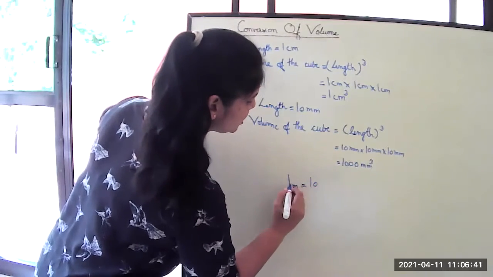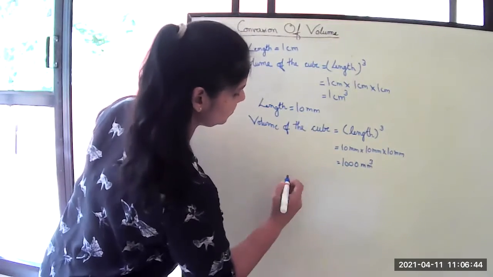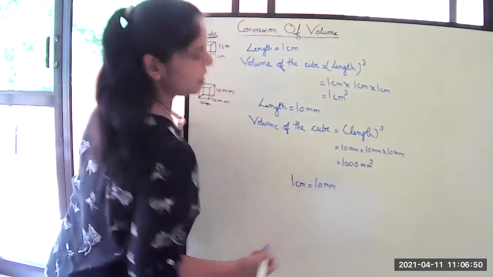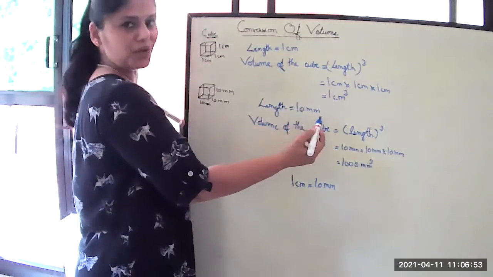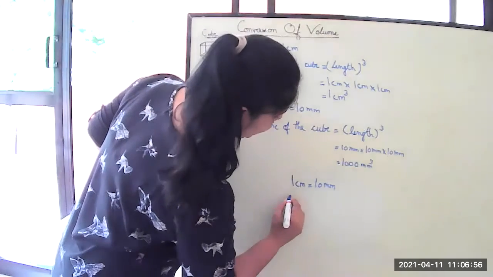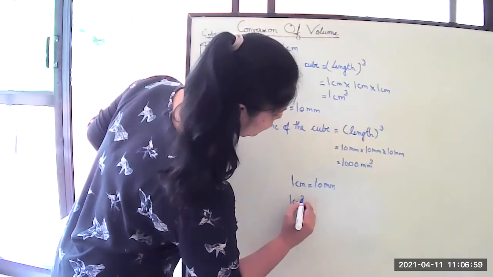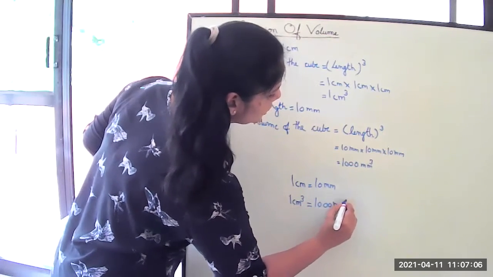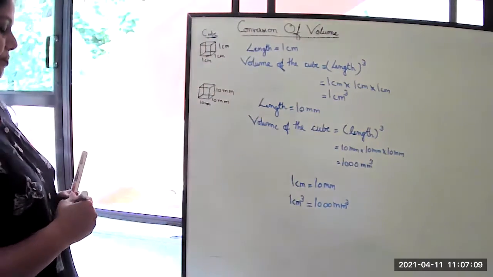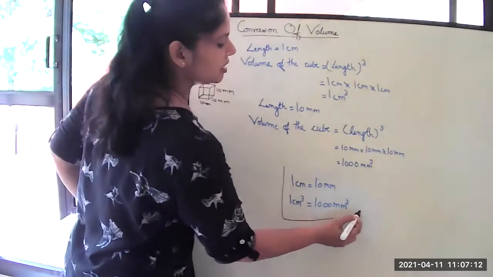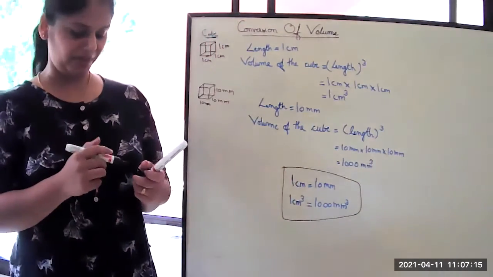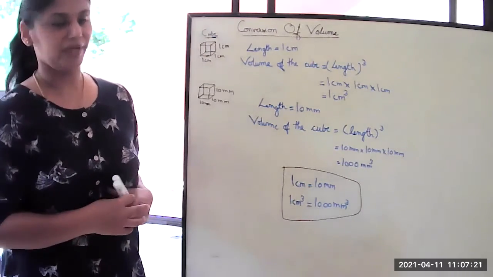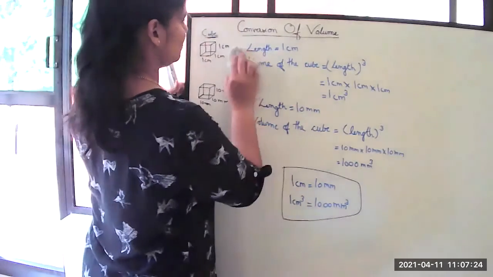So 1 centimeter, sorry, 1 centimeter is equal to 10 millimeter, and 1 centimeter cube is equal to 1000 millimeter cube. Okay. Now let us solve some problems.